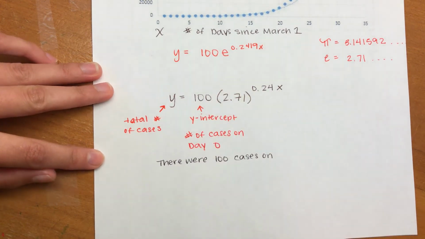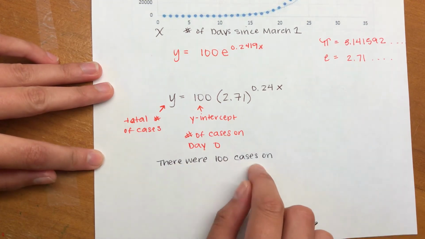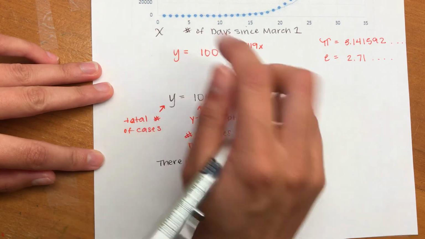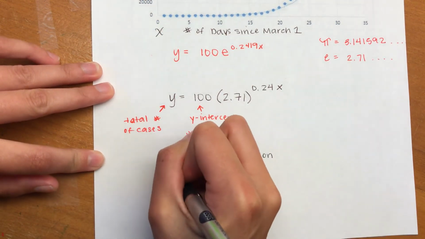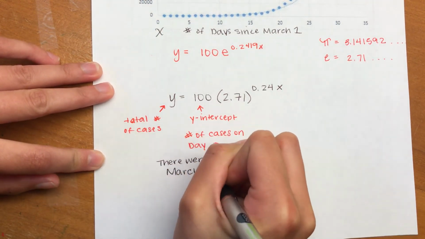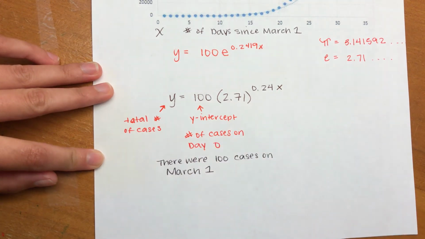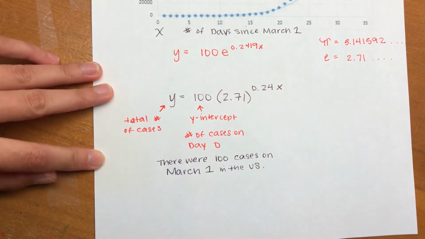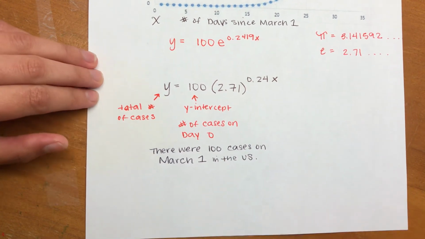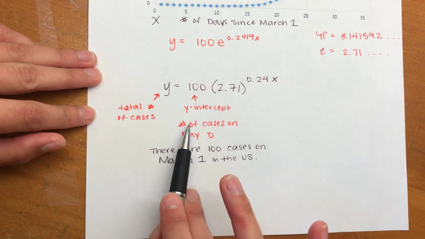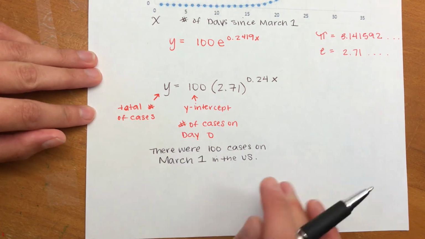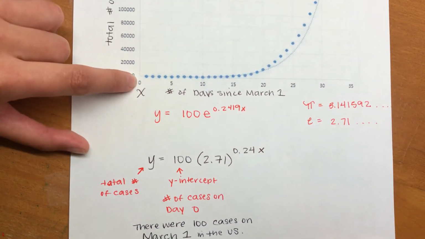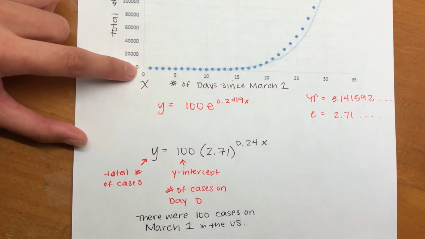Okay, I did explain that right. So if this is number of days since March 1st, day 0 would be March 1st. So that's 100 cases on March 1st in the US. All right. So the y-intercept is the value on the first day in the data, or the 0 value for the x-axis. Our x-axis just happens to represent days as our units.